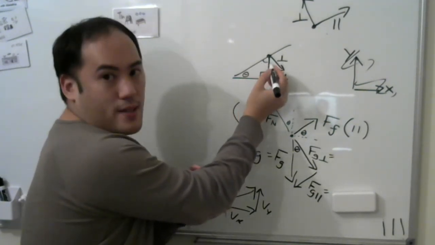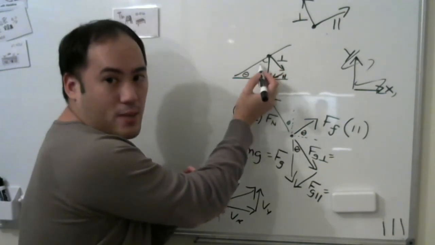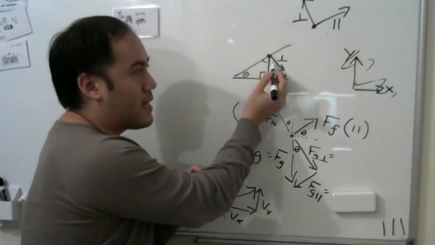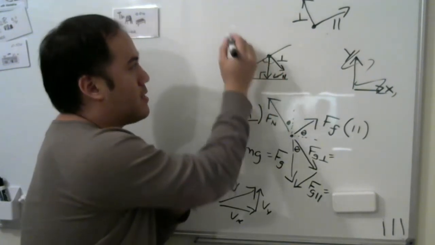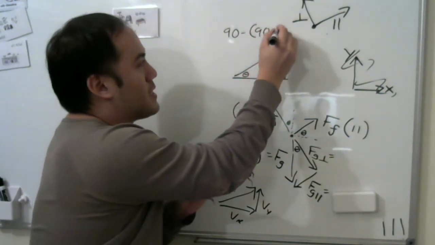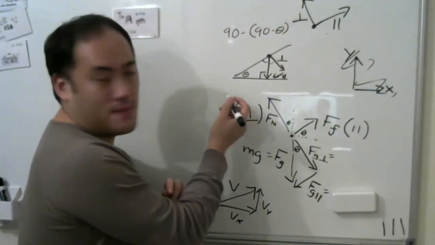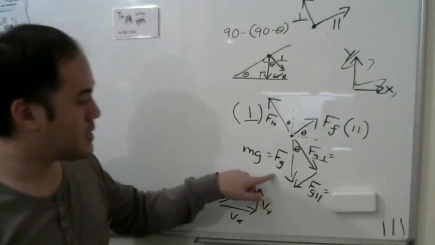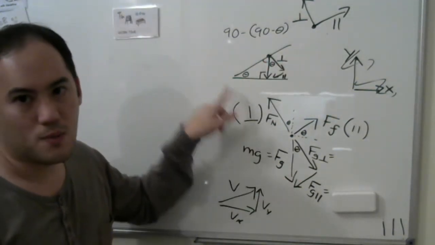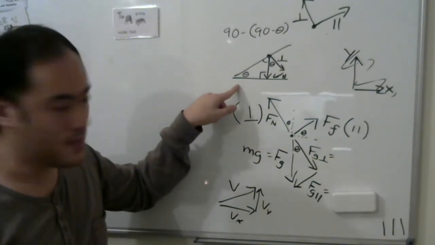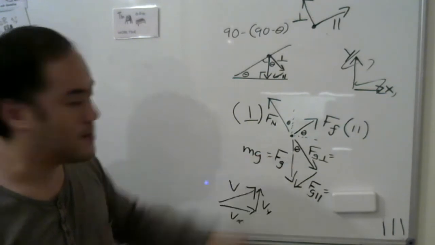This angle right here also makes a 90-degree angle with this angle. So this is 90 minus theta, and this angle right here is 90 minus the quantity 90 minus theta, which is theta. So a little trick, everyone always says, theta, bottom left, right there. No. If the incline makes an angle theta with horizontal, this angle up here is theta.